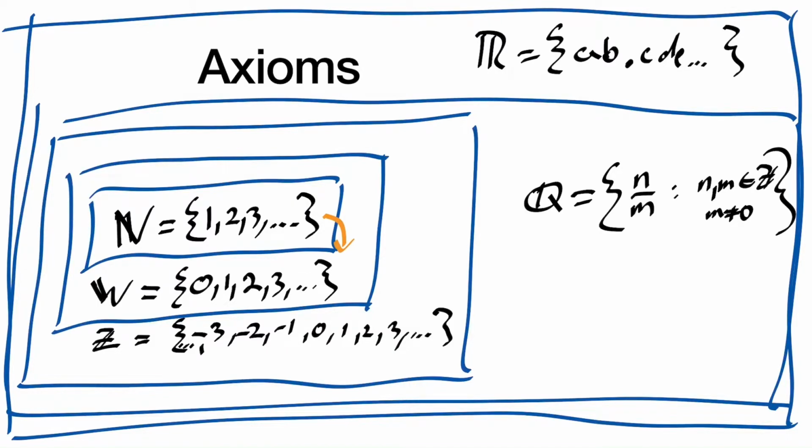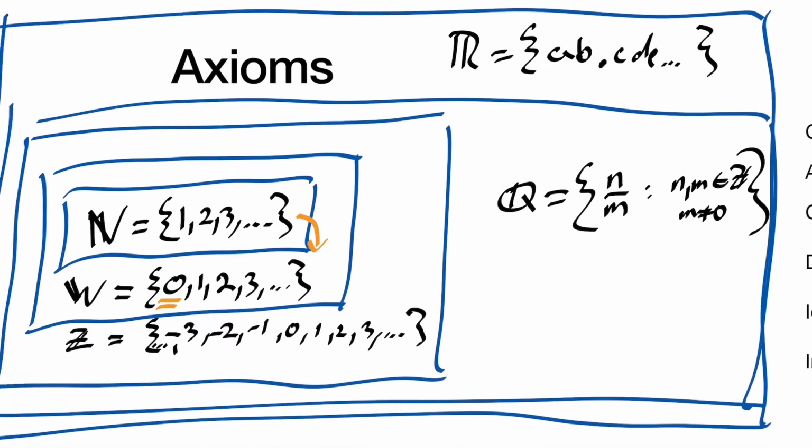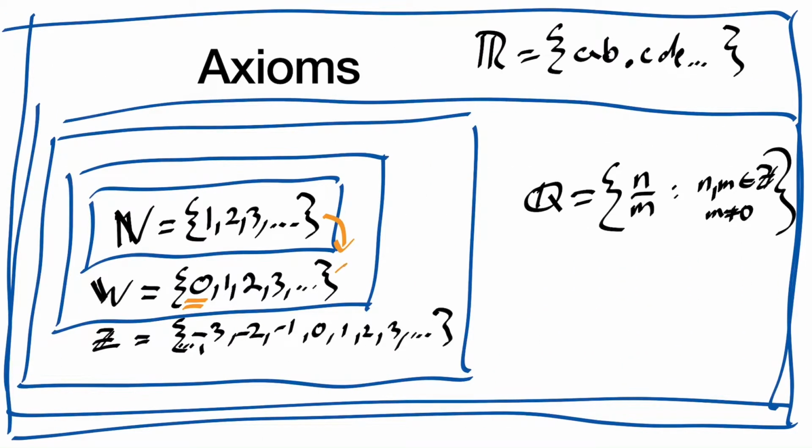Well, the only thing we've added is a 0. But 0 isn't just some random number to add. 0 is an important number because it fits a property. What property does it fit? It fits this identity property. So what we've done is we've included an additive identity. That's what we've added to the world of mathematics by moving from the natural numbers to the whole numbers.